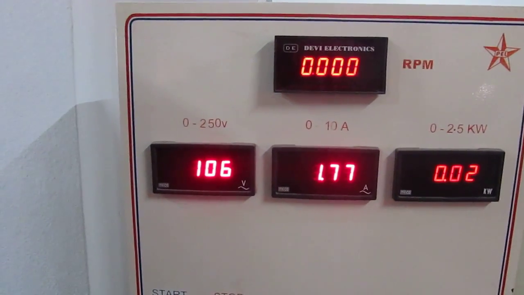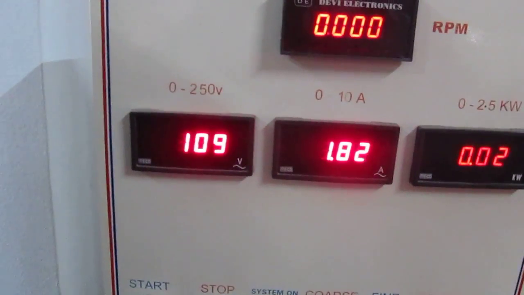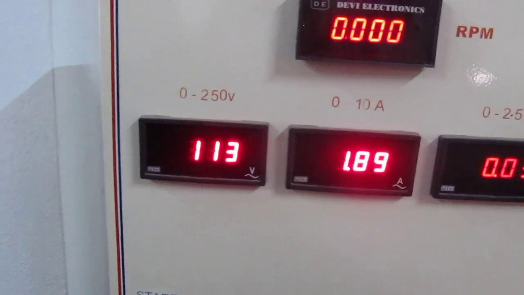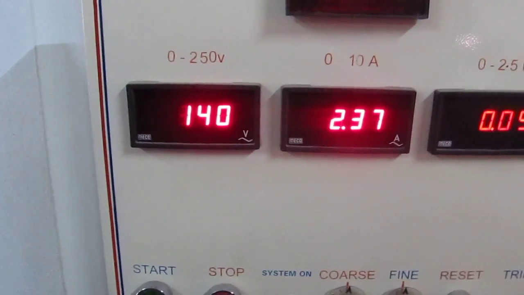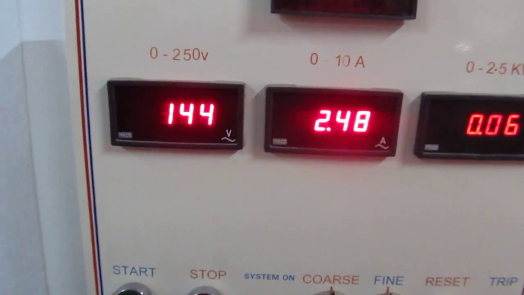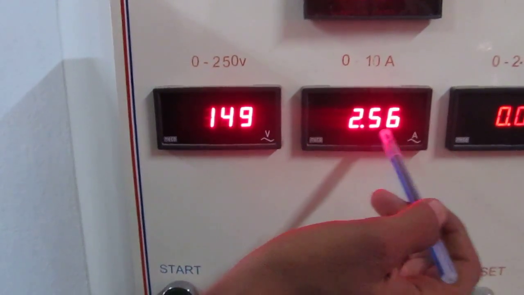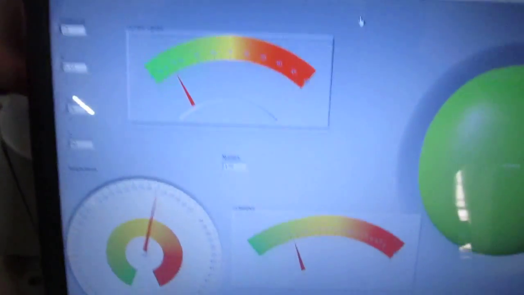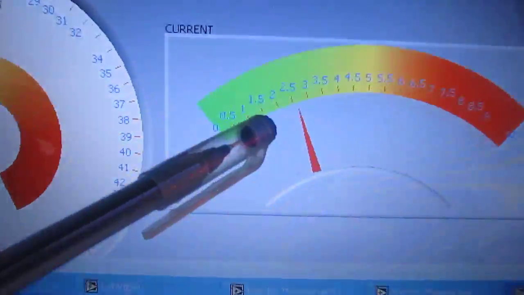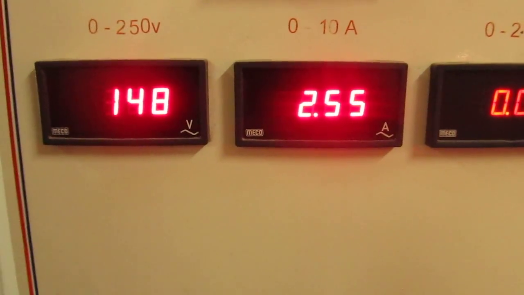Now you can see whatever reading is shown on the panel, we can see the same reading on our front panel. That is how the CT works actually. We can see this is the actual value of operating current of our motor, and the same thing on the front panel also.